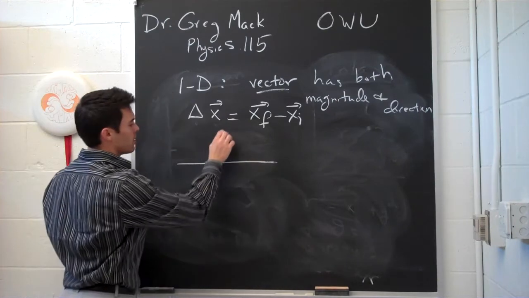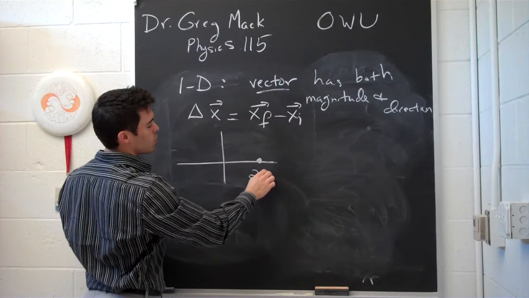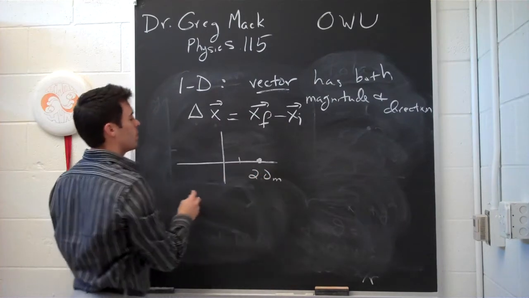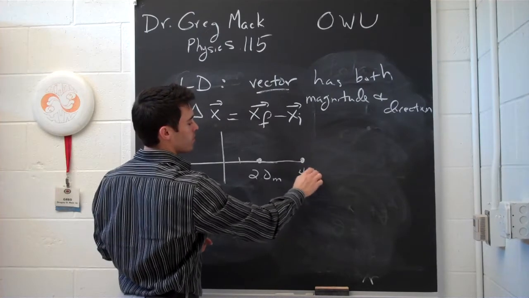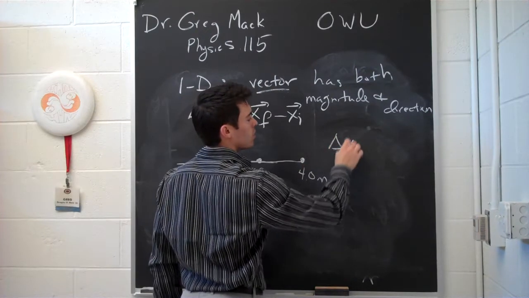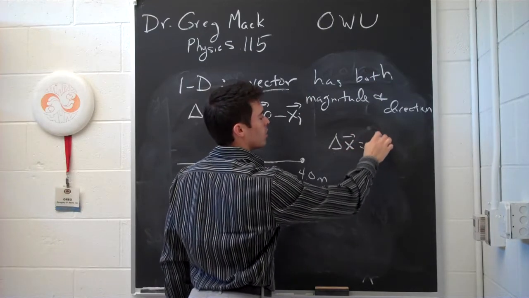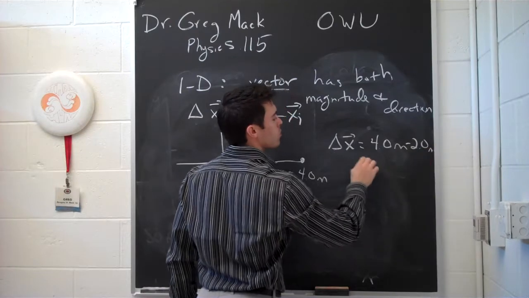So if I say that we're going to be starting at a position of 2.0 meters, and we're going to be ending at a position of 4.0 meters, then our delta x is going to equal 4.0 meters minus 2.0 meters, which is equal to 2.0 meters.